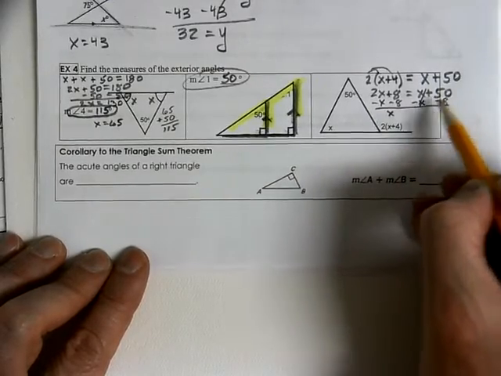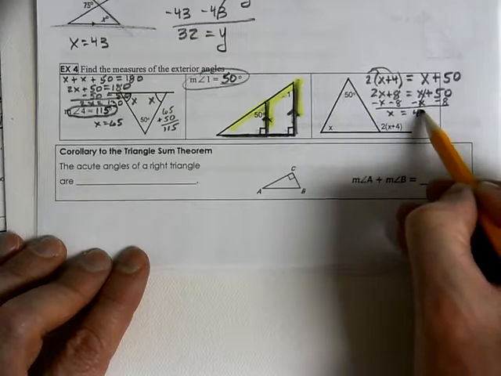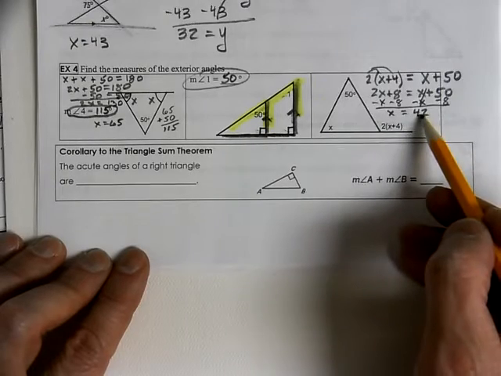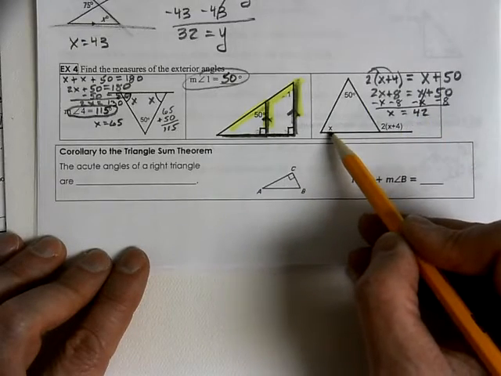Move the 8 across to get 42. So 42 is our x value.